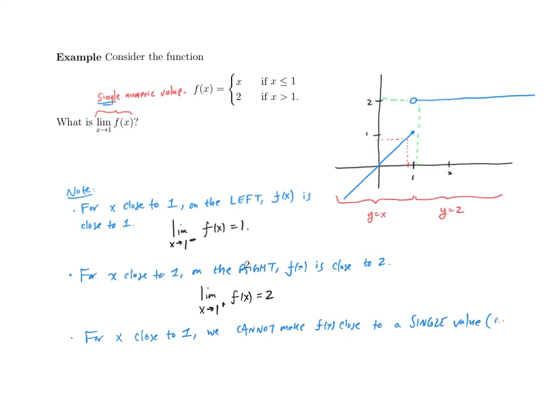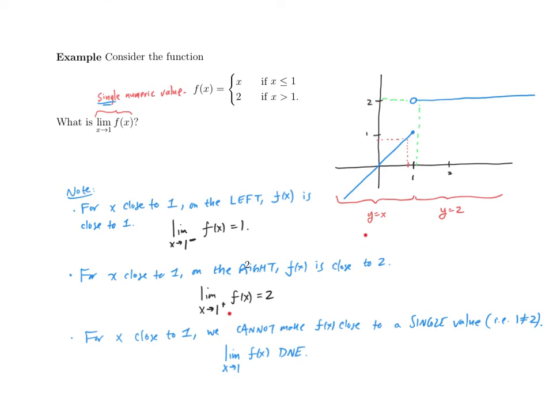And note, 1 is not equal to 2. So this would be an example where we say the limit as x approaches 1 of the function does not exist. And the reason that it does not exist is because the limit from the left does not equal the limit from the right.